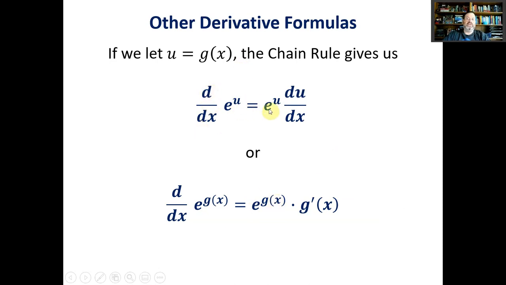So d dx of e to the u is just e to the u du dx, or if you prefer the g of x notation, it's just e to the g of x times g prime of x. Either notation is fine. We use both of them, obviously. This is used more often when we go backwards and do u substitution. But just as a flat derivative formula, this one works fine.